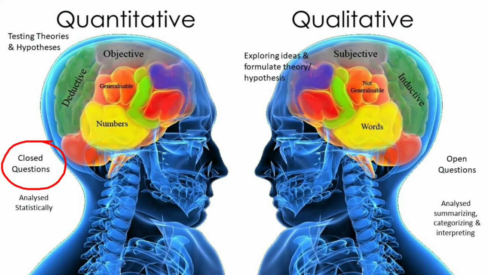Most of the research questions are closed-ended in the case of quantitative research and open-ended in the case of qualitative research. So quantitative research is deductive, objective and also used to generalize a study population, while qualitative research is inductive, subjective and cannot be used to generalize the population.